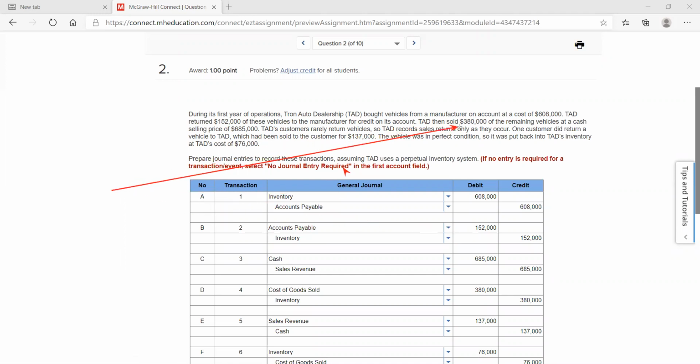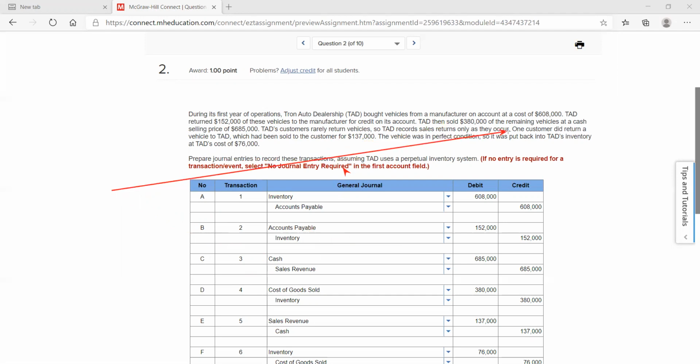And then it says they sold 380 at a cash selling price of 685. Notice that's going to be debiting cash, crediting sales revenue for 685. And then of course the cost has to go to debit cost of goods sold, credit inventory. So 3 and 4 would go together.